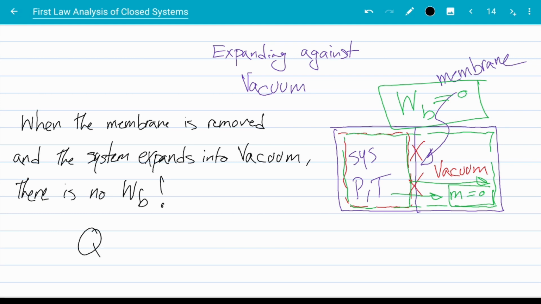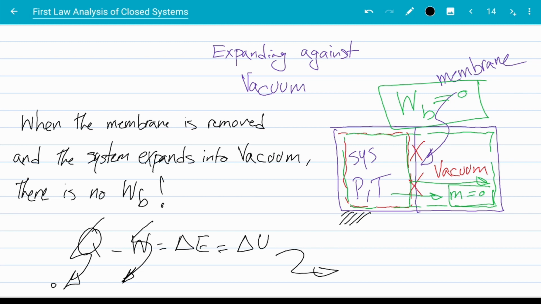So when you write down Q minus W is equal to delta E, we can safely neglect the kinetic and potential energies here, so delta internal energy, there is no work, and if the system is well insulated, there is no Q as well, and you would get that the internal energy after the expansion is equal to the internal energy before the expansion. So the internal energy of the system does not change if the tank is insulated.